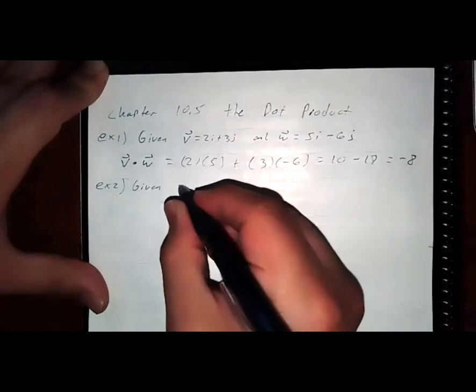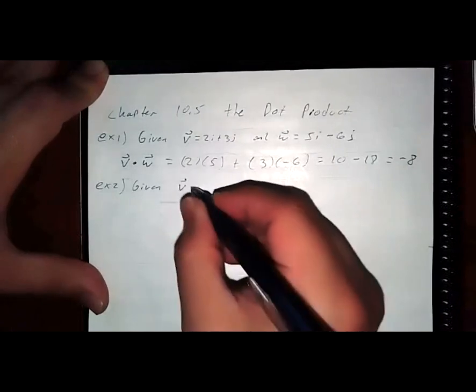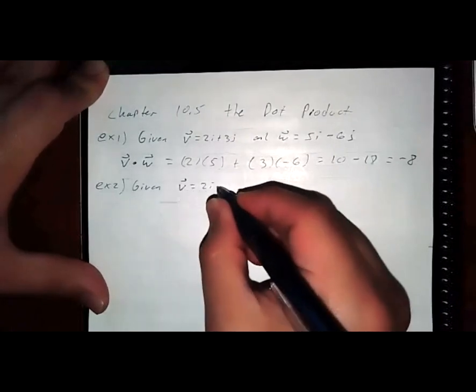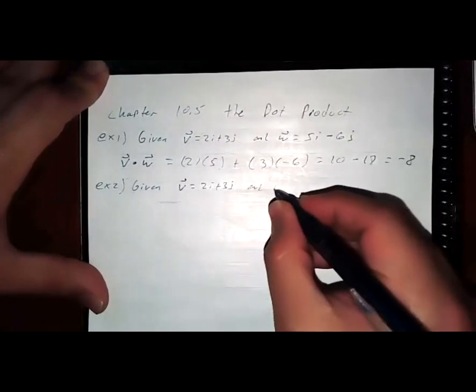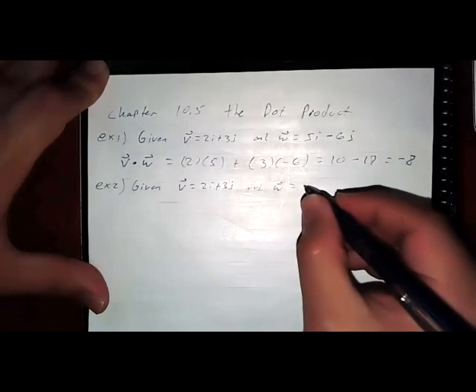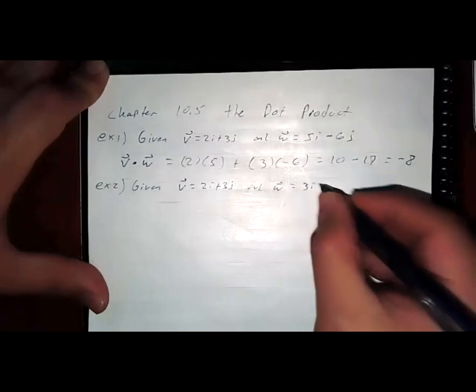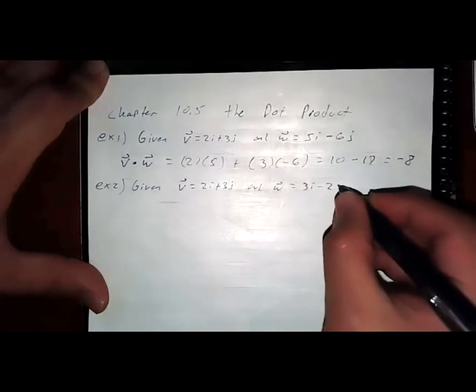Given this time, I will use the same numbers so you can see what happens. I put this on purpose because I want the dot product to zero out.